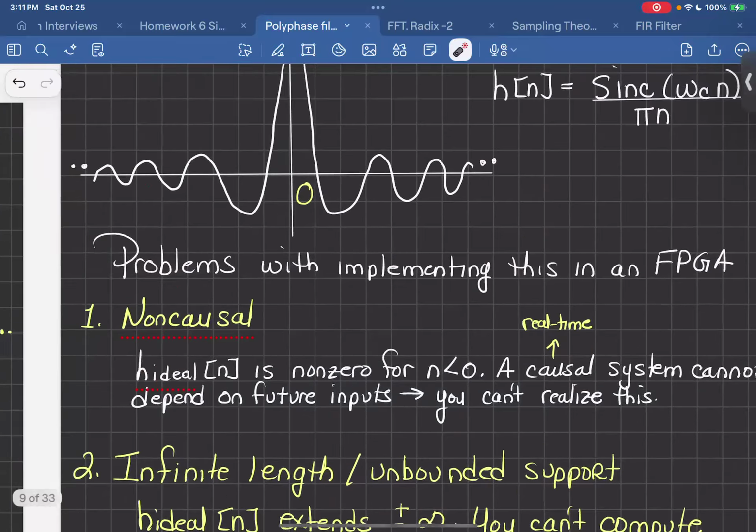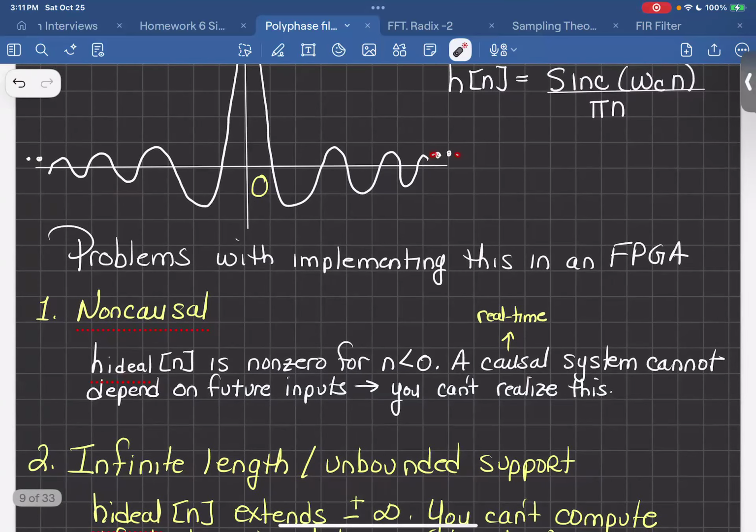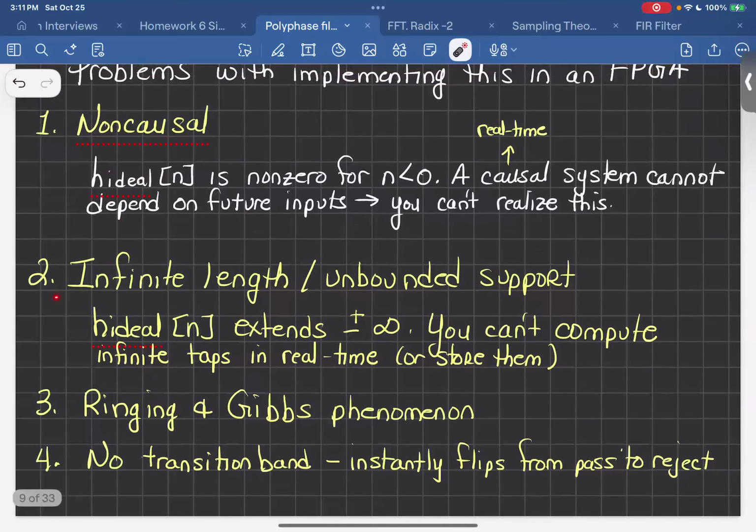The other problem is this goes on and on forever. So this is infinite, and it's unbounded. This ideal impulse response extends to plus and minus infinity. You can't compute infinite taps in real time, and you can't store them. We have a limited amount of space on our FPGA.